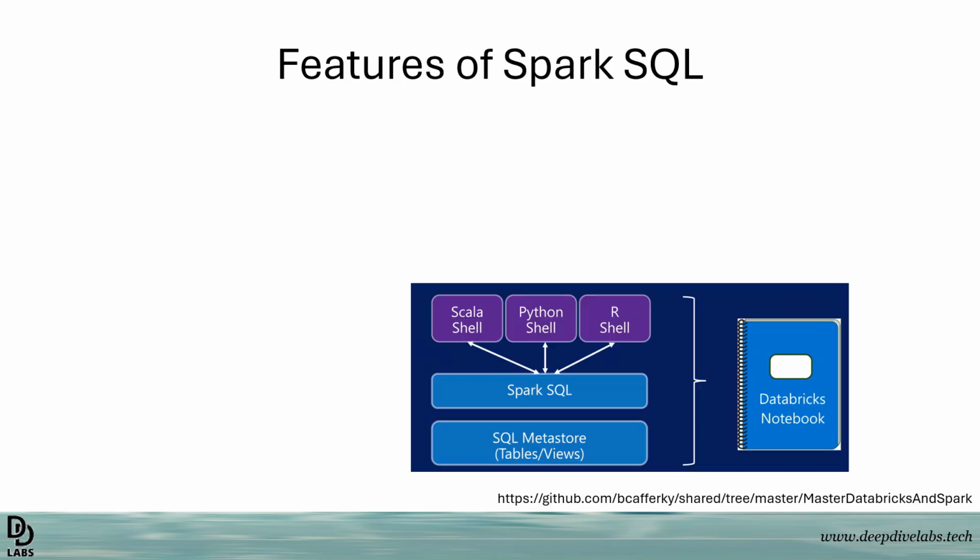Some other features of Spark SQL is it supports the standard select syntax that every developer is aware of, right? If you look at the image on the right, it shows how your Spark SQL sits on top of your Spark core.